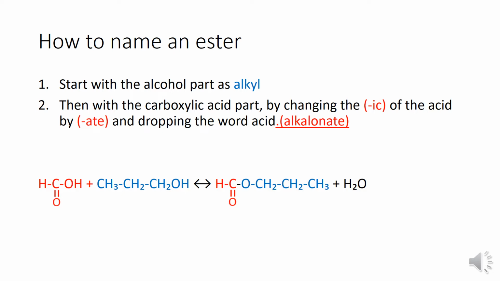Let us represent the equation of esterification starting with carboxylic acid. Look here at the carboxylic acid. It consists of one carbon atom, so it is called methanoic acid. Now look at the alcohol, which is the second reactant. It consists of three carbon atoms.